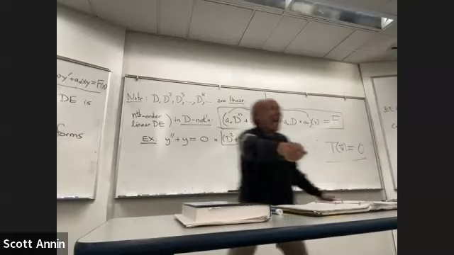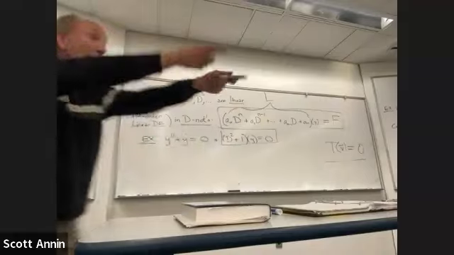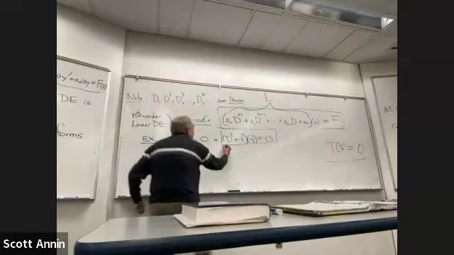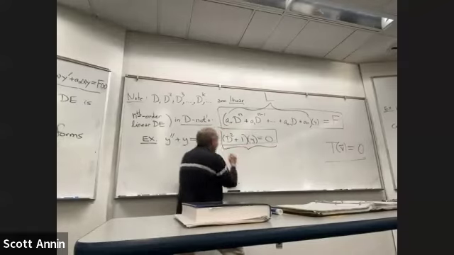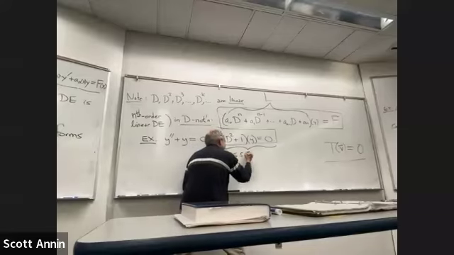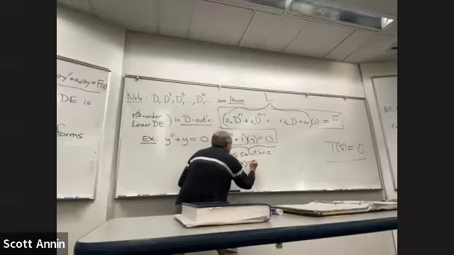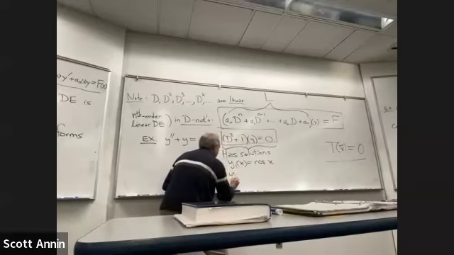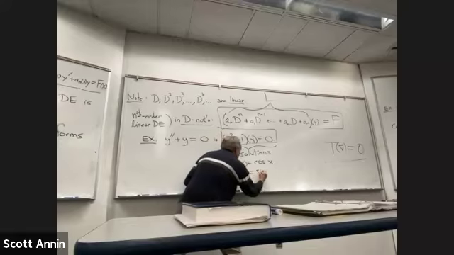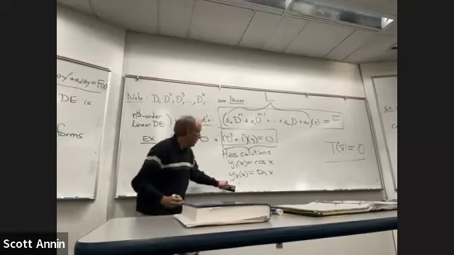Sine and cosine. Yes. So this thing has 2 solutions. Write it down. y1 of x, or call it cosine of x, and y2 of x, which is sine of x.